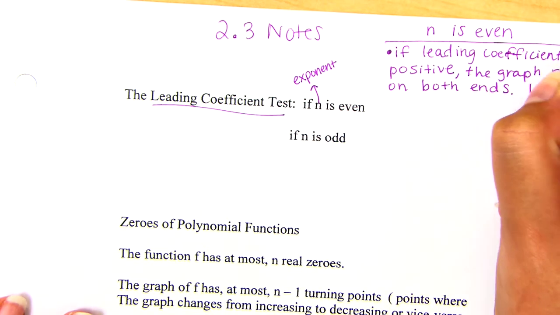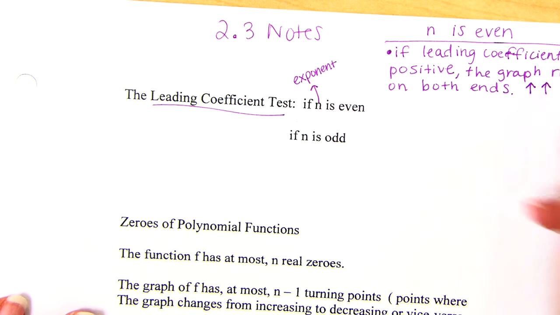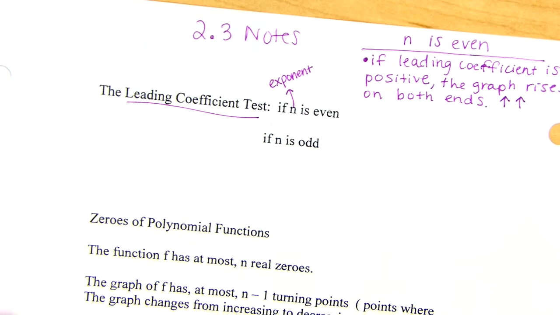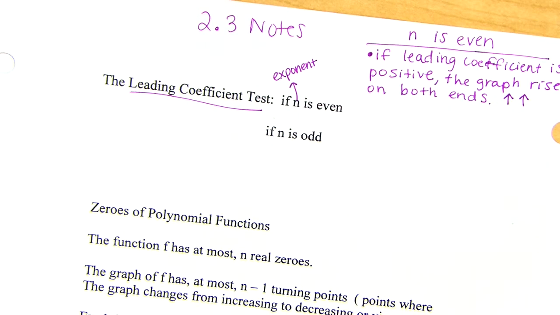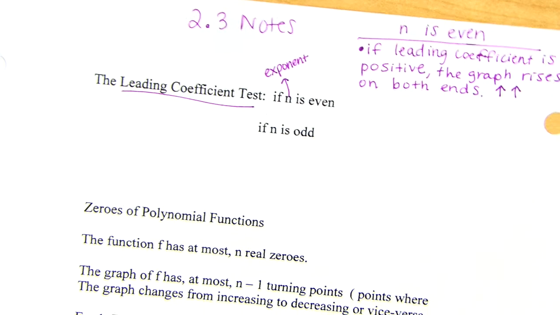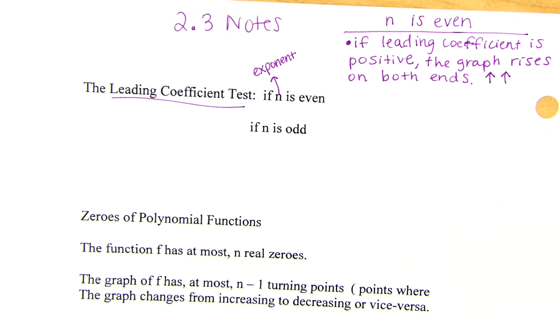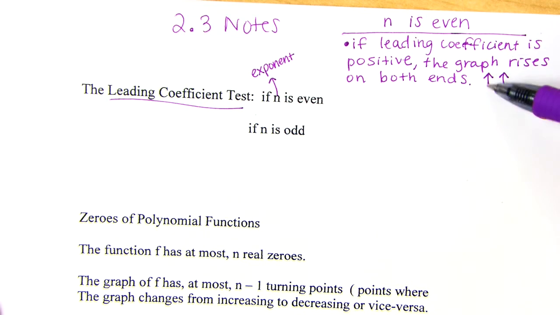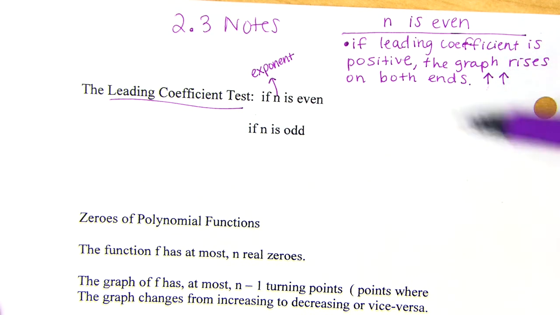And how we're going to note that, we're not going to complicate this: up, up. On the left and on the right hand side of that graph, my end behavior is rising on both sides.